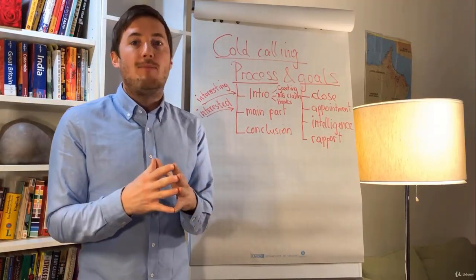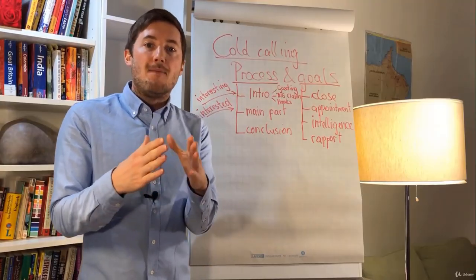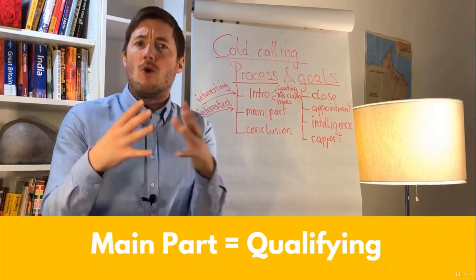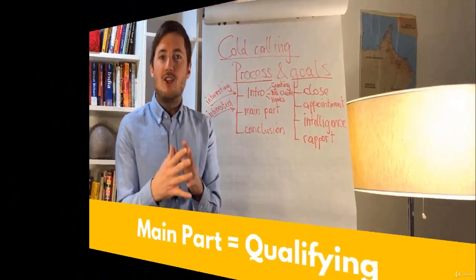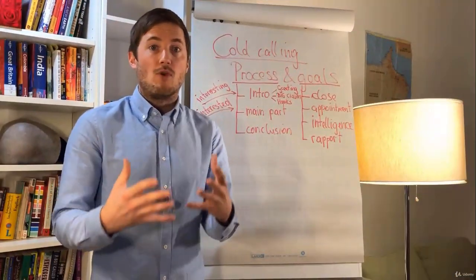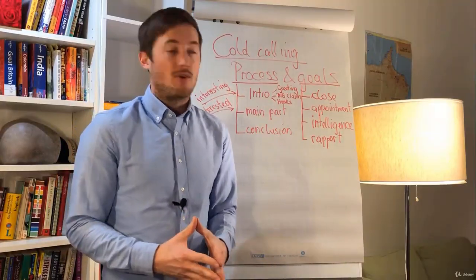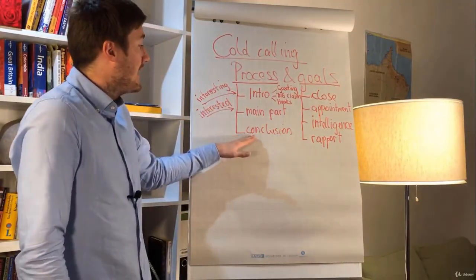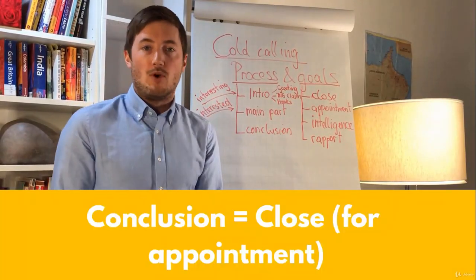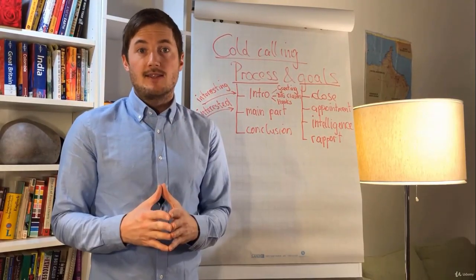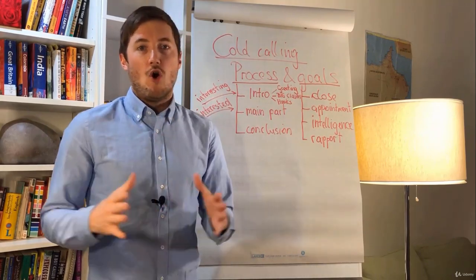The main part is really about finding out things about them, qualifying them. It's called qualifying. It's called gathering intelligence. And you want to build this rapport. Again, active listening, very important in this space. And finally, in the conclusion, you actually want to close on a future appointment. In one of the next segments, I'm going to show you exactly how to do all of these.